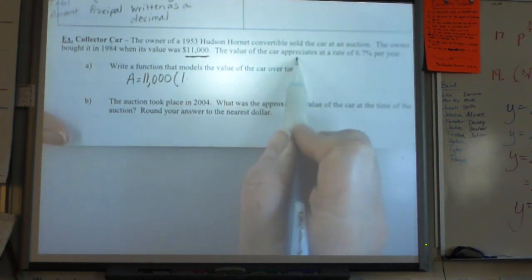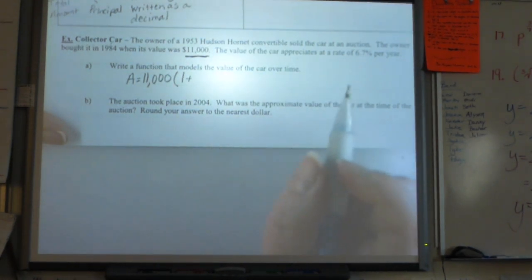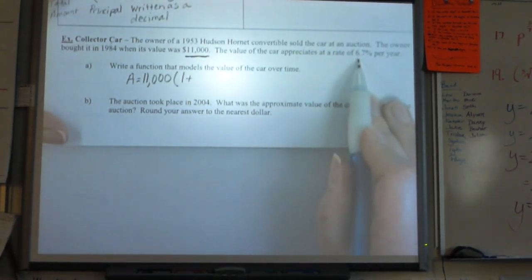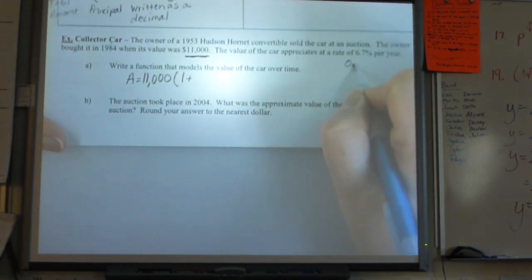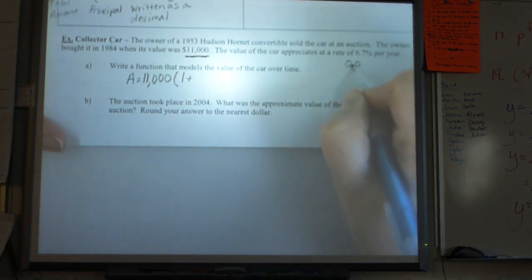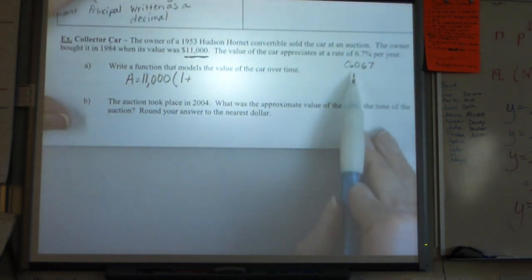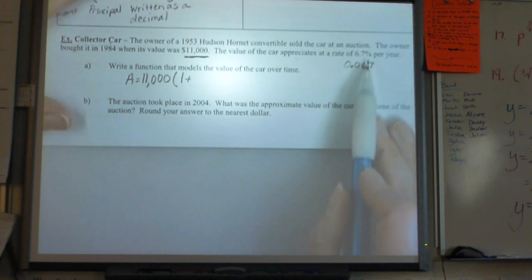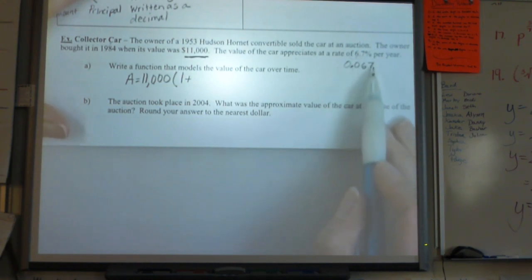It's appreciating in value. What's my growth rate? 6.7%. How do I write that as a decimal? 0.067, right, boys and girls? Because percentage is per 100. So you divide by 100, moving the decimal once to the left, twice to the left. Okay, 0.067.